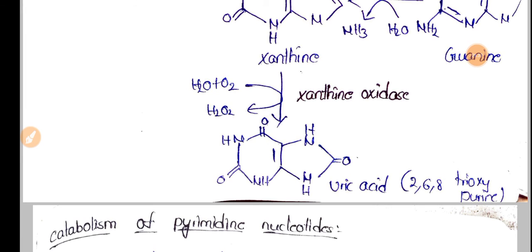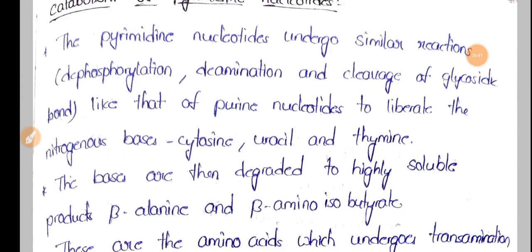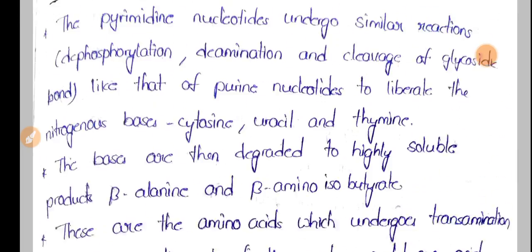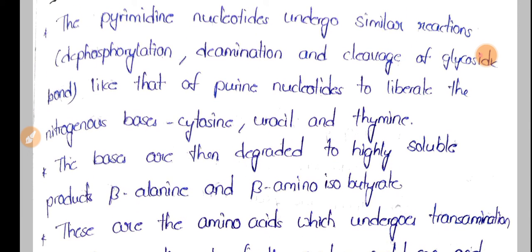Now let's see about the catabolism of pyrimidines. Pyrimidine nucleotides undergo similar reactions, that is dephosphorylation, deamination and cleavage of glycosidic bonds, which are seen in the purine nucleotides.